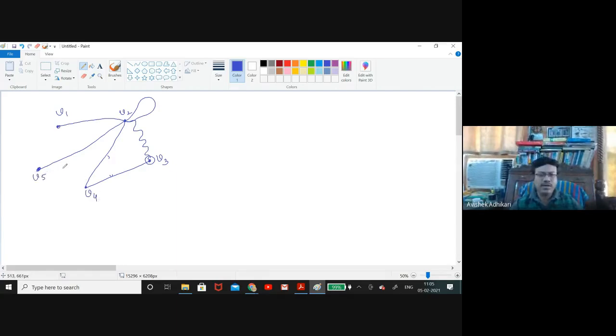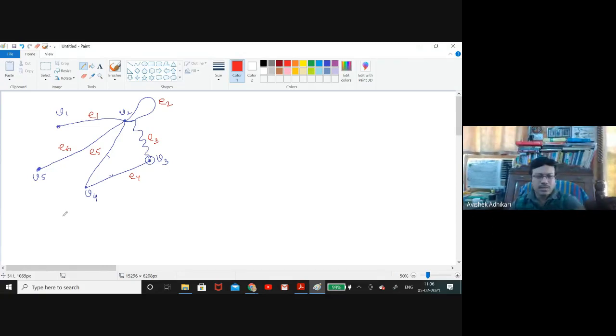So there are 5 vertices, and say the edges are labeled E1, then the loop is E2, then E3, E4, E5, and E6. So there are 6 edges.